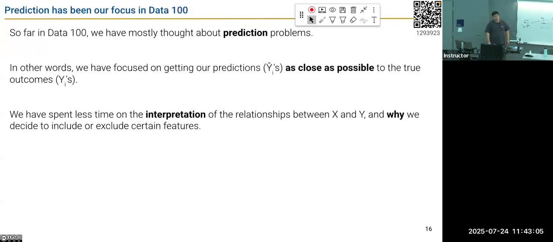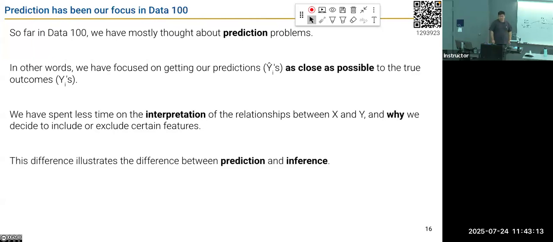What are the features that we include in our model, and why do we include these features? These interpretation or reasoning problems on a model are called inference problems. That's a distinct, separate problem from prediction.